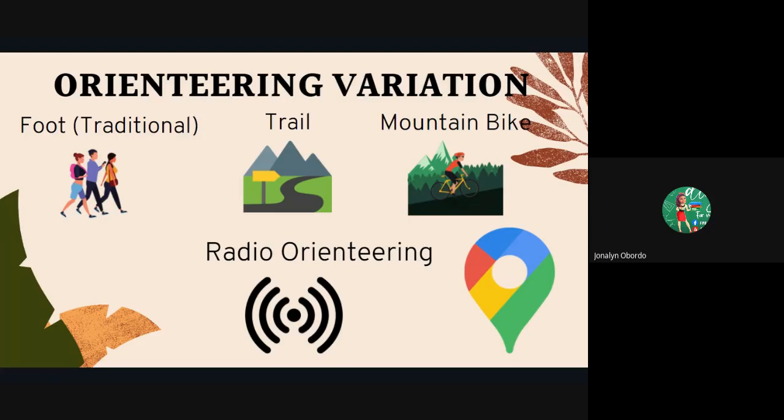So, the variation is a combination of mountain bike orienteering with the navigation. So, gagamit ka pa rin ng mapa, ng compass, at siguro mas ang challenge dito is to use your mountain bike as your means of going to the distance, or going to the trail, or doing the trail or orienteering.